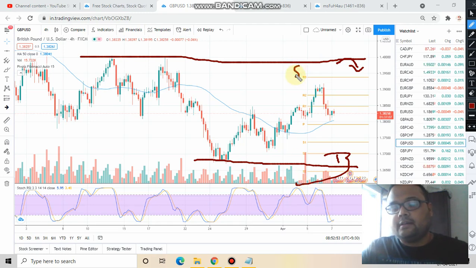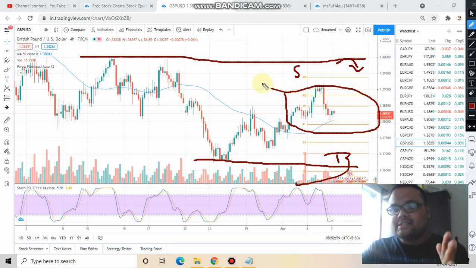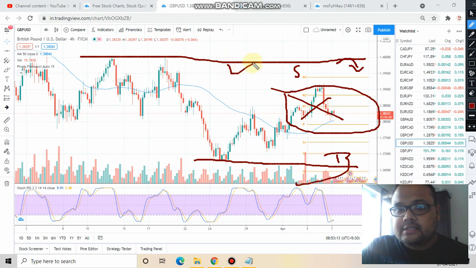As of now, I will not be trading in this particular level. But if you want to take some risk, and you have got a risk appetite, you can go on. But if you are a beginner and you cannot afford to lose money right now, then just avoid trading here. Wait for either this level or this level. This will be your safest entry in GBP USD.